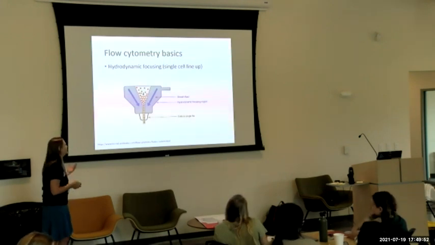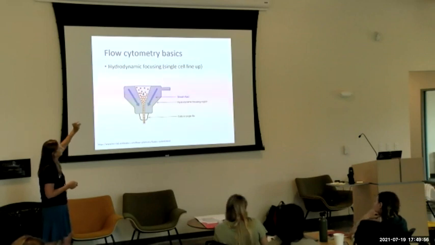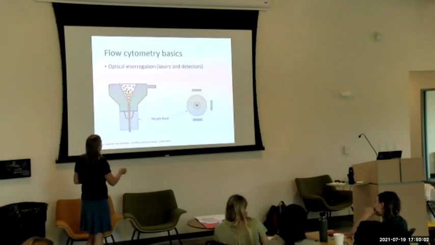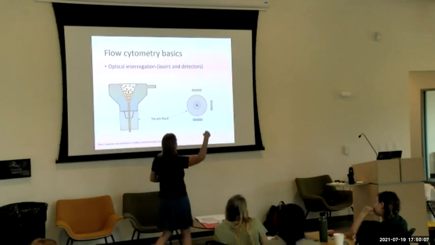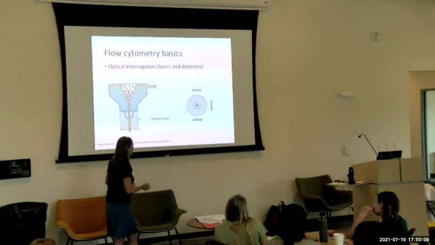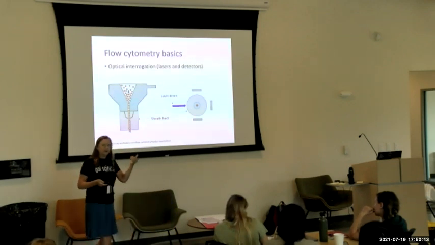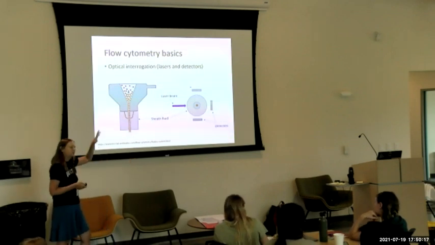So if you take this hydrodynamically focused parade of single cells, and now we're looking down on it, here's the single cell, flowing this way, surrounded by a sheath fluid. You can interrogate that with a laser beam, and then have detectors located all the way around that incident array.